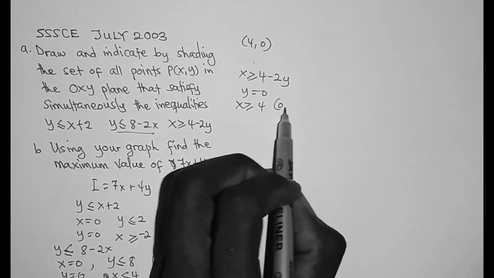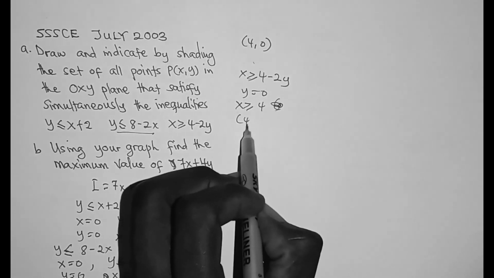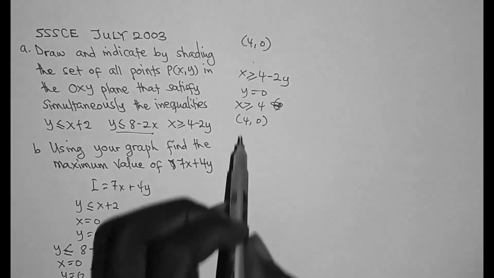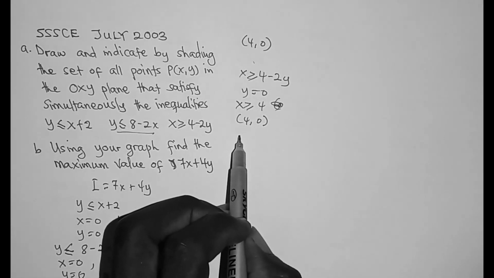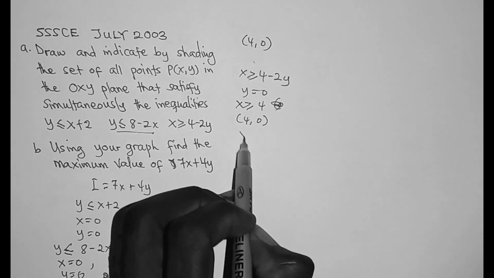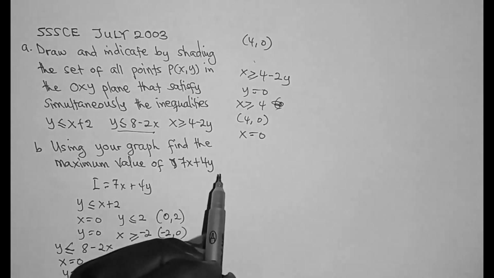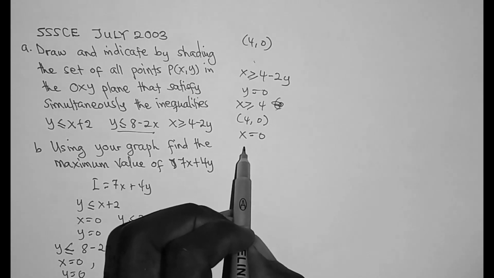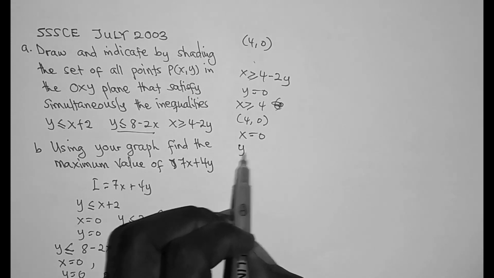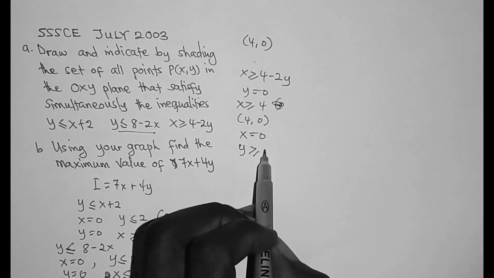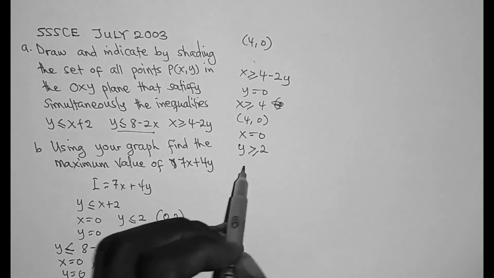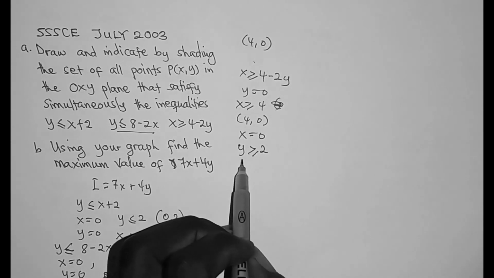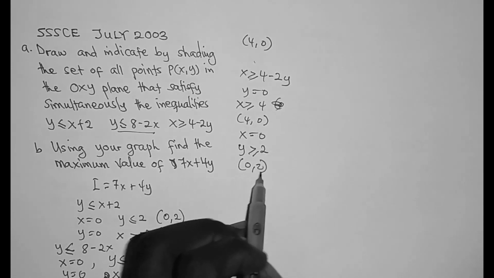And therefore we have the point 4, 0. Then let's put x equals 0. So you see that y is greater than or equal to 2. So we also have the point 0, 2.